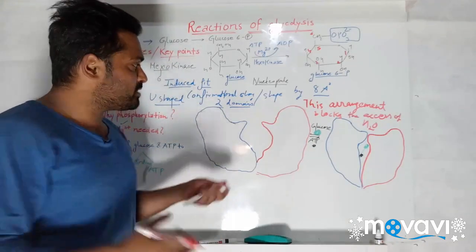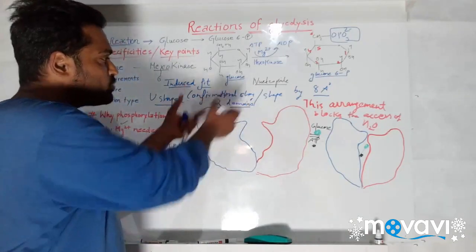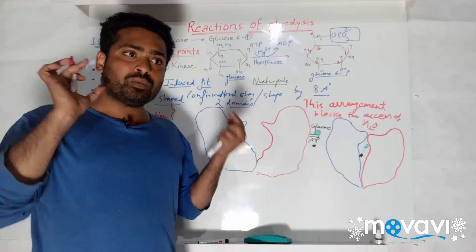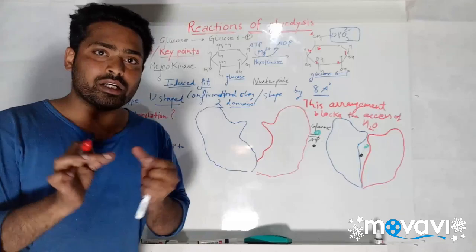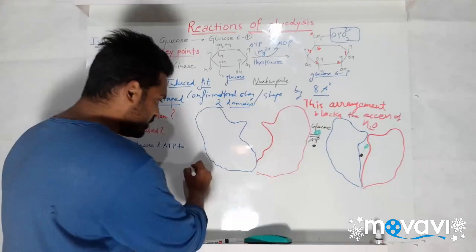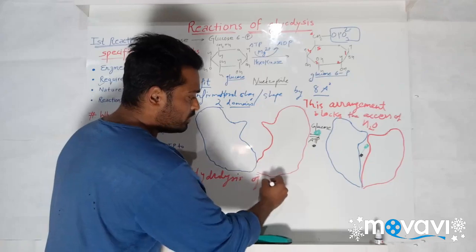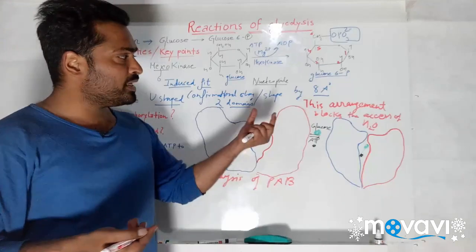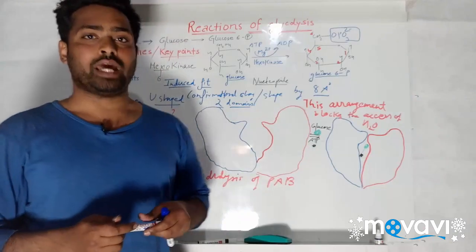It cannot access what is happening here. If it was not like this, that is, if the enzyme was not binding to these molecules, ATP and glucose, what could be the result? The result could have been hydrolysis of the phosphoanhydride bonds present in ATP if there was not this kind of arrangement. I think this would help. Thank you.